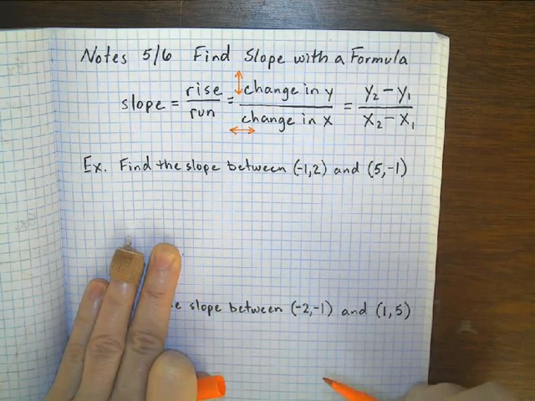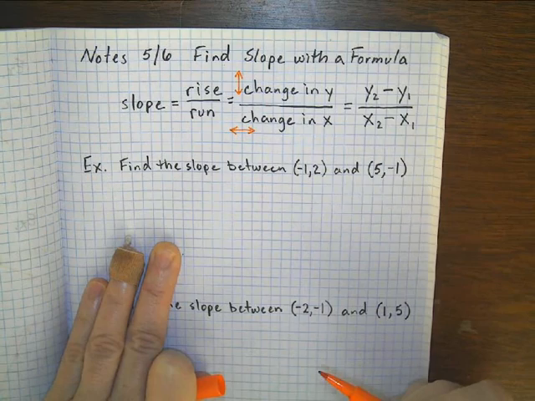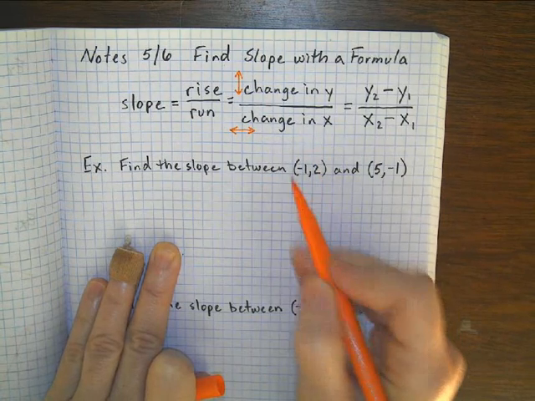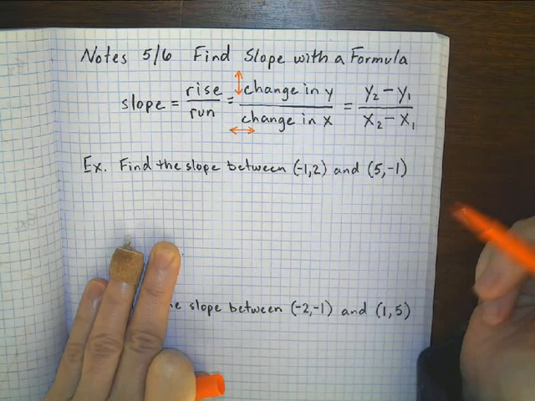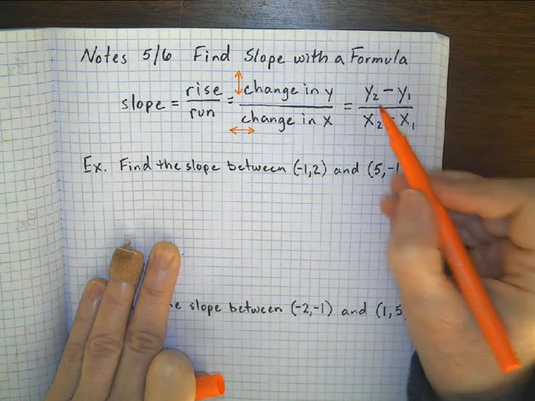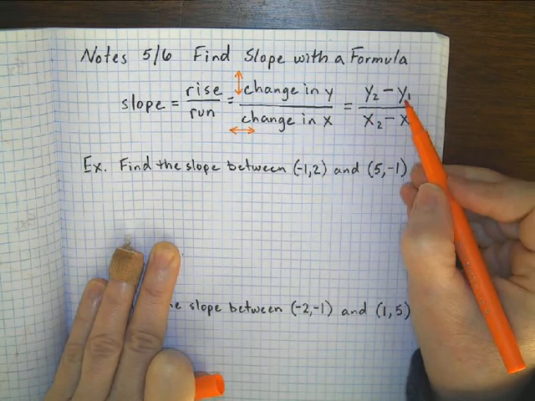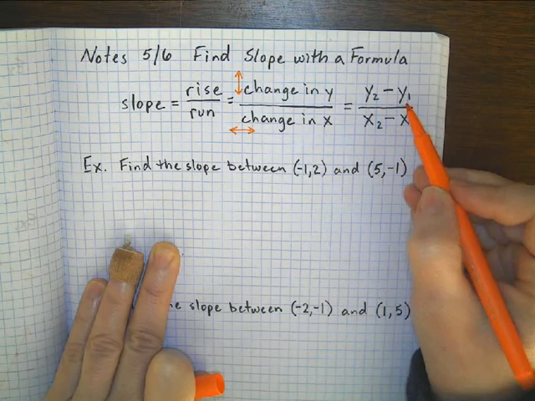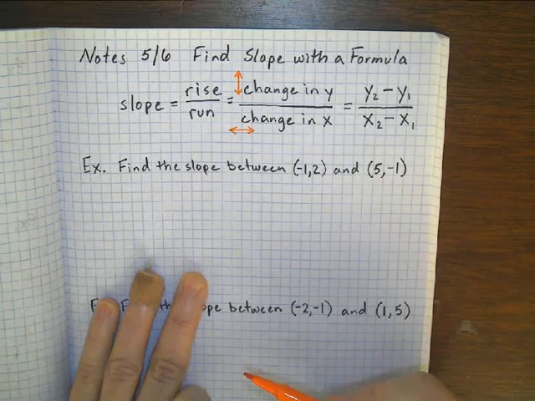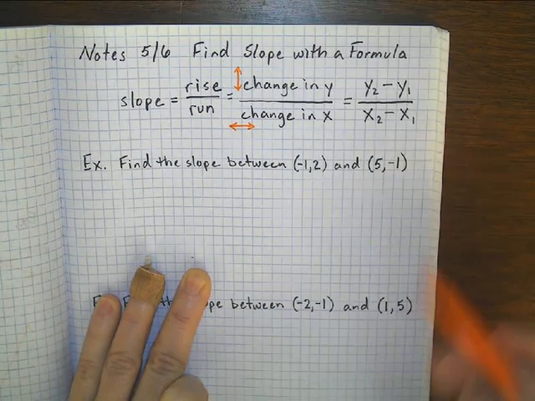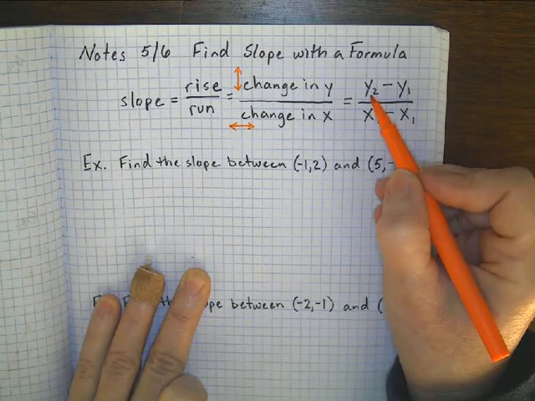Now there's a formula for it that we can do using the points. So we can just do it with the numbers. We don't need to graph it. We're going to subtract the y values on top, and we're going to subtract the x values on the bottom. What do these things mean here?